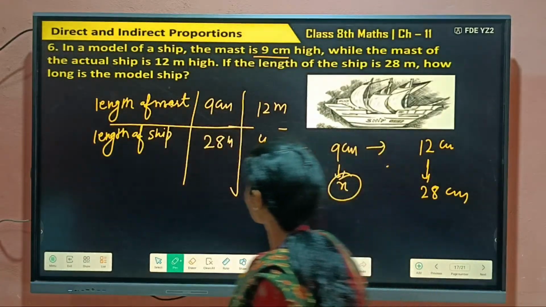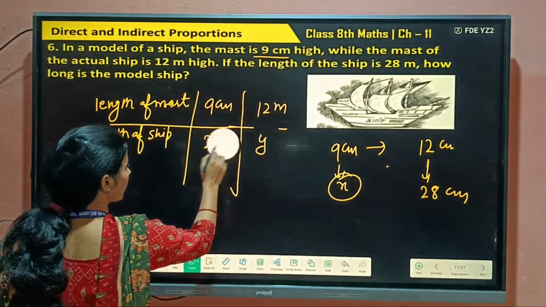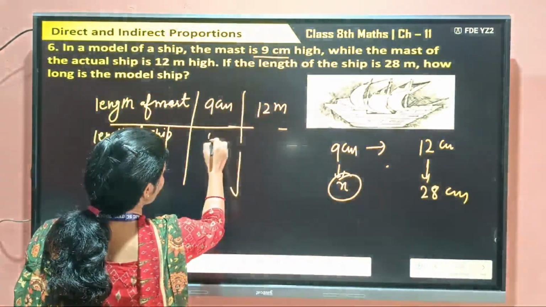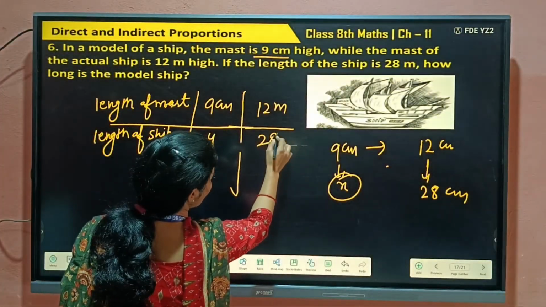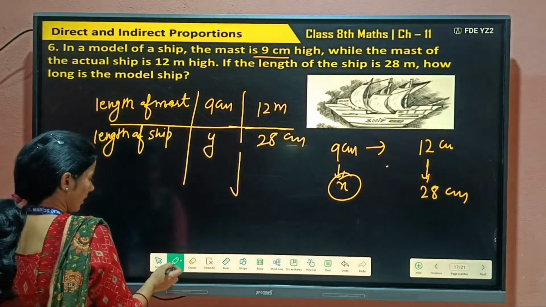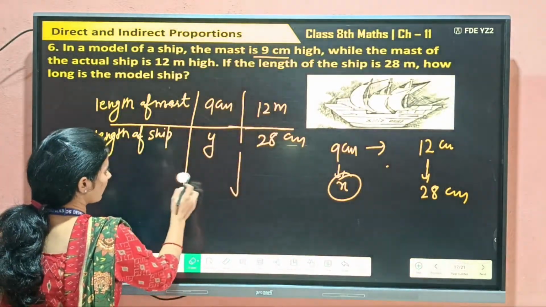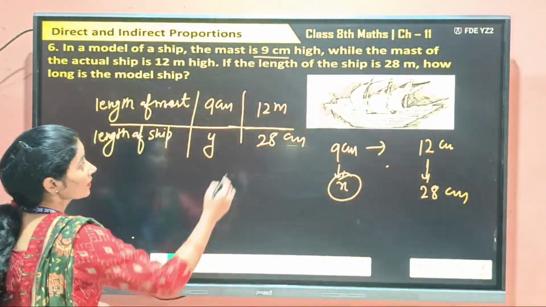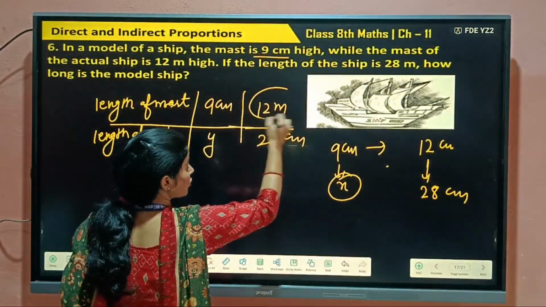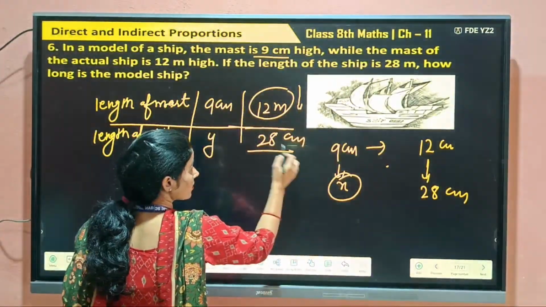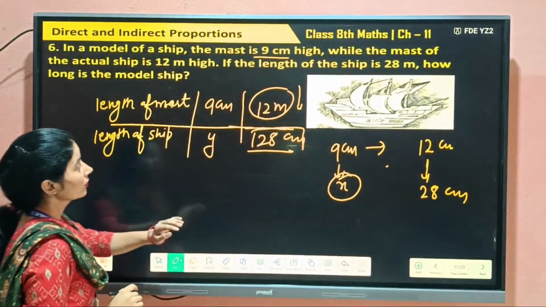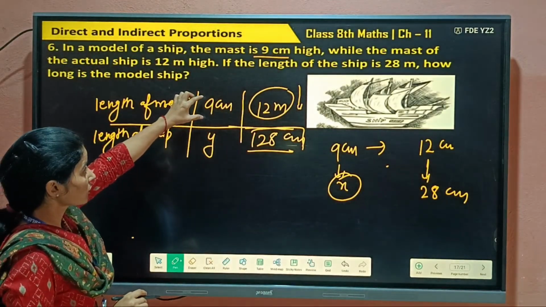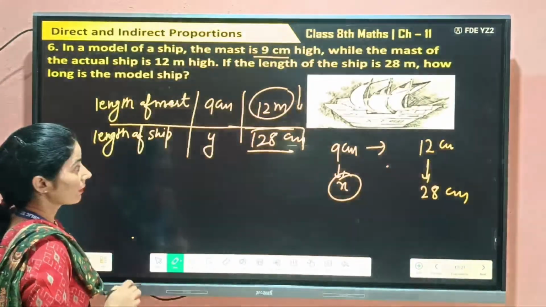Consider this is X. So this length is given to us for original ship, not for the model. So you can consider it is Y and it is 28. Now see, this is case of direct proportion, means if this length of mast will be high, then this height of ship will be more. Similarly for their model ship, if it is small, then corresponding its length will be smaller.